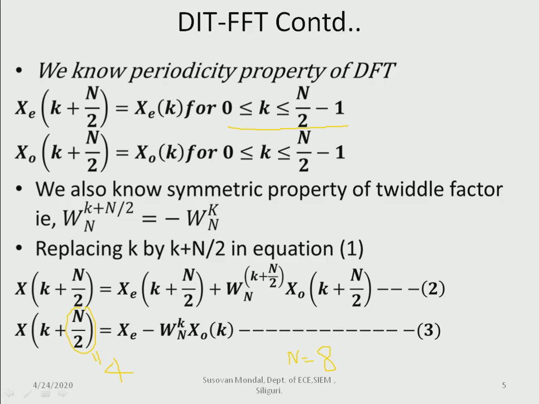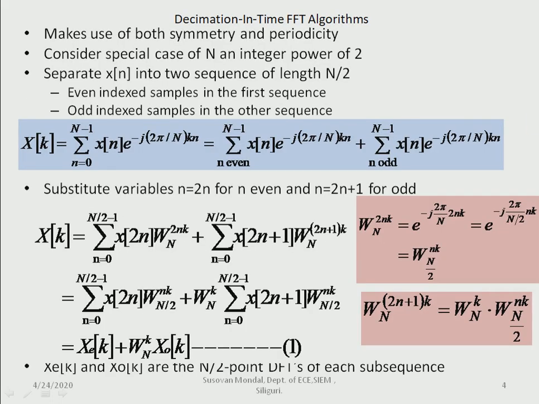Now in the previous equation, the k range is 0 to N by 2 minus 1, so what will happen here? For N equal to 8, the value of k will be 0 to 3, because we know k runs from 0 to N by 2 minus 1.